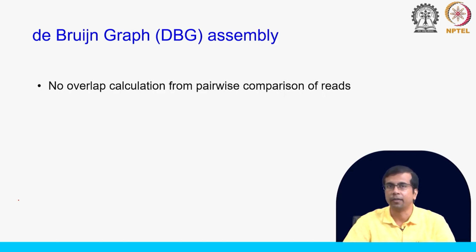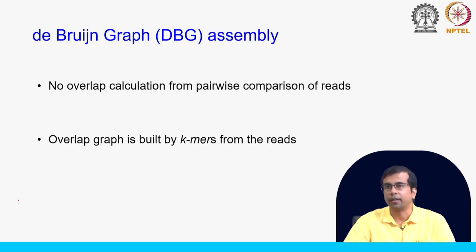So, this is not done in this method. Instead, the graph that we build here is built from k-mers from the reads. This is a k-mer based approach, where we get the k-mers calculated from the reads, which we will discuss in much more detail. We will illustrate this through some examples.